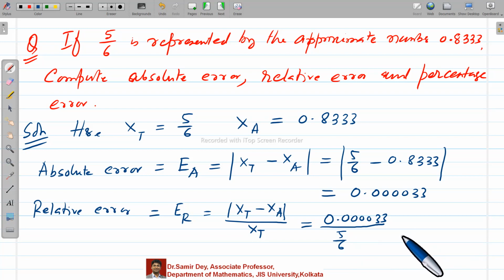If you use a calculator, your answer will be 3.96 into 10 to the power minus 5. Whatever I'm writing is based on my calculator, so you should check it. Clear? Okay, very good.